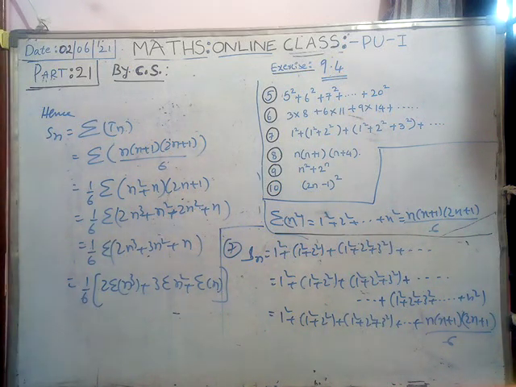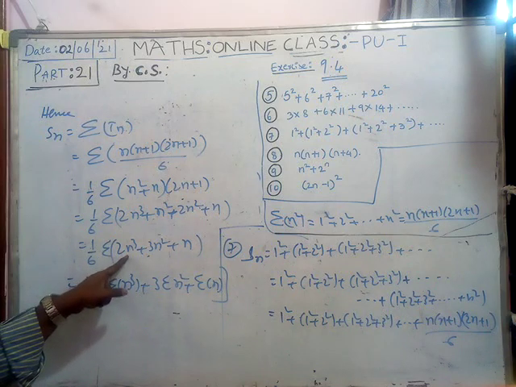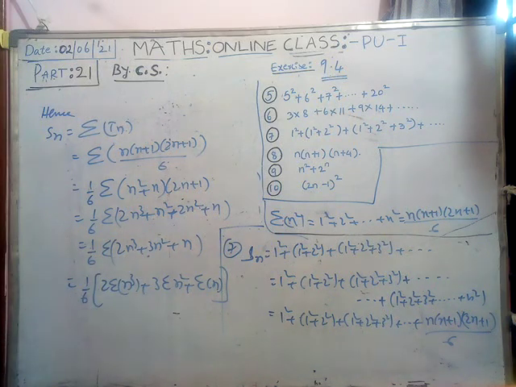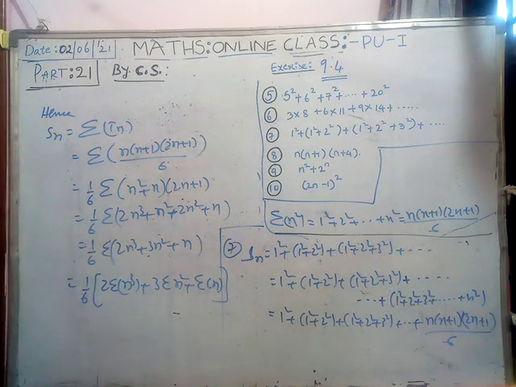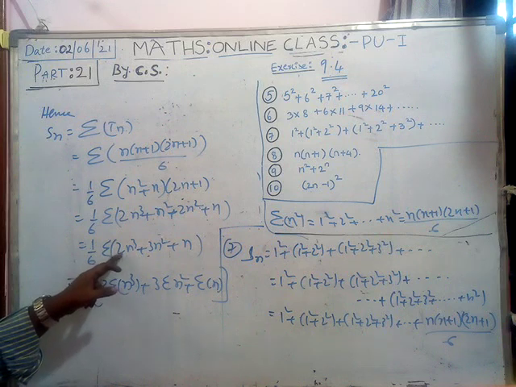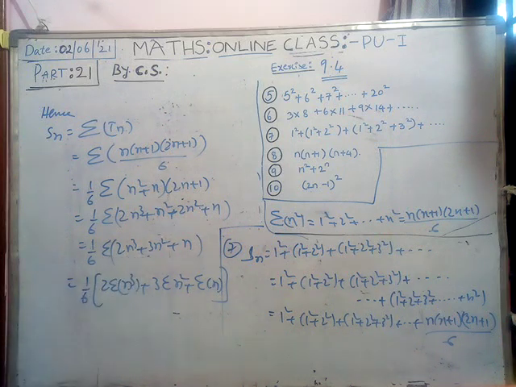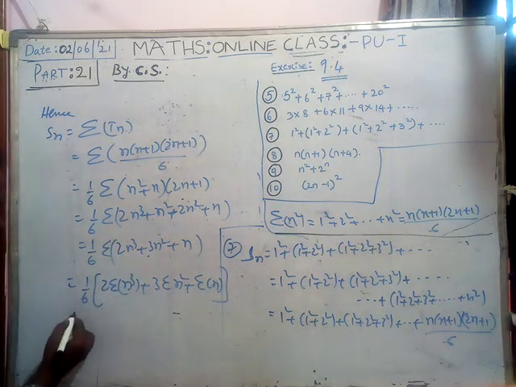Be careful here. Sigma can be applied to each and every term. If it is a summation it can be split, but if it is a product, it will not be expanded. Be careful. Coefficients will come out, only the variable stays; n is a variable.